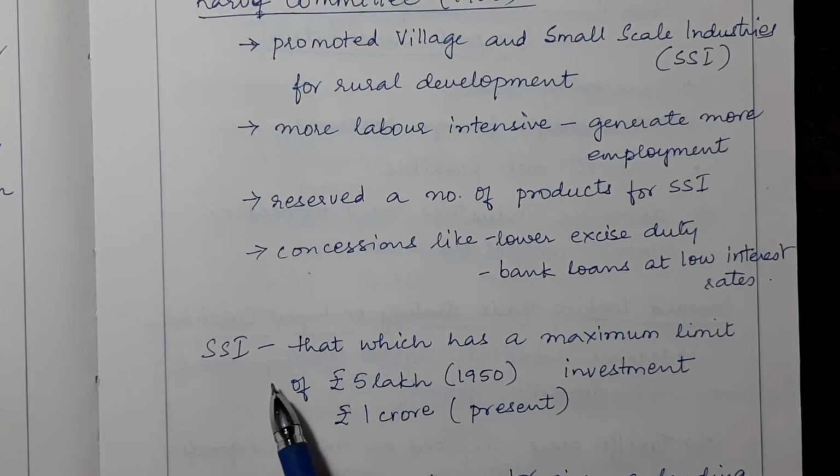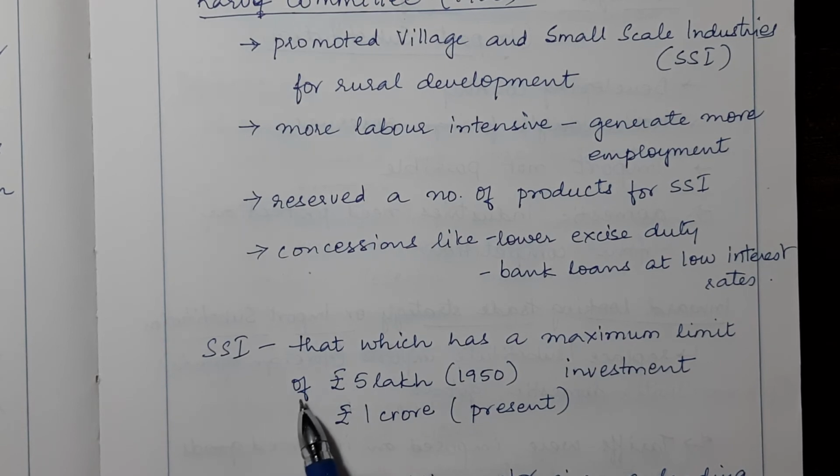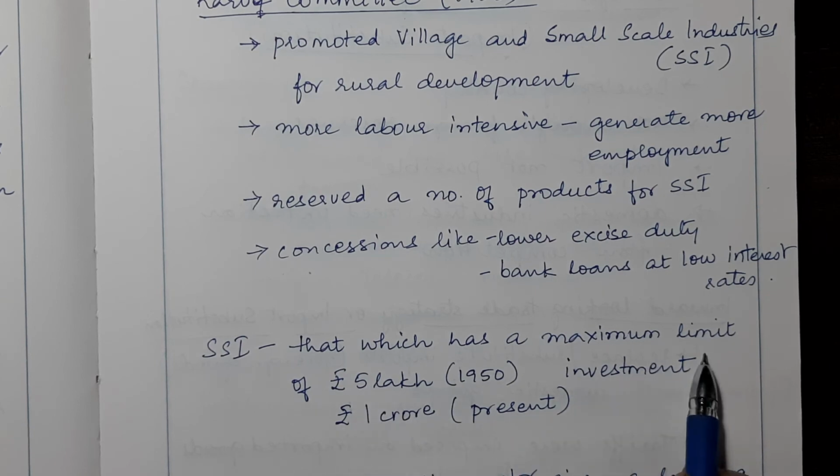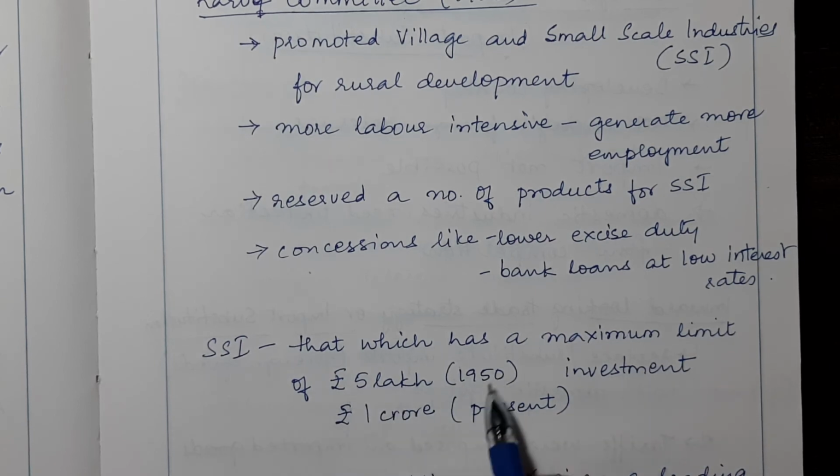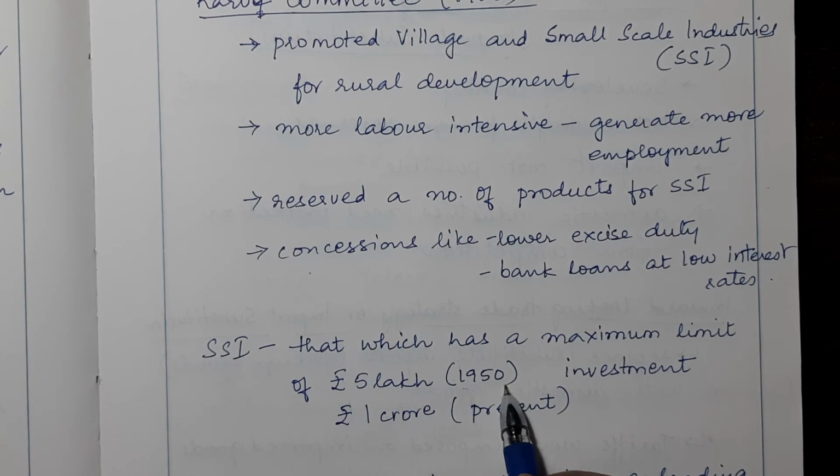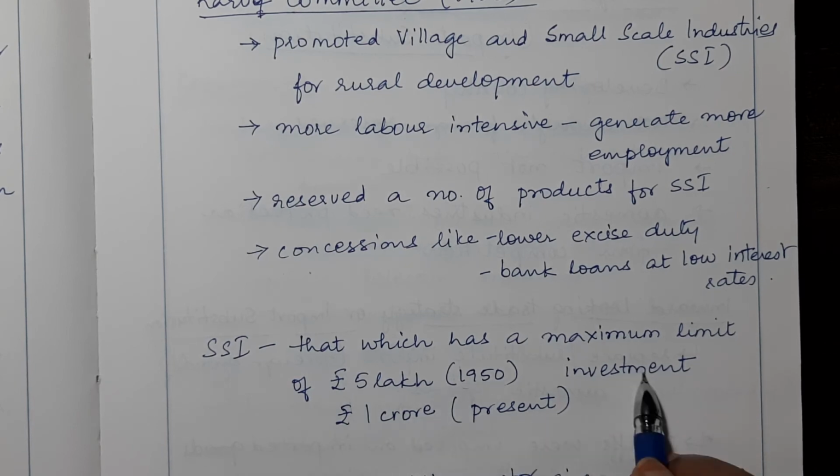Now, what is a small scale industry? It is defined as that which has a maximum investment limit of 5 lakhs. So in 1950, the investment limit was 5 lakhs. But today, in the present conditions, the investment is equal to 1 crore rupees.